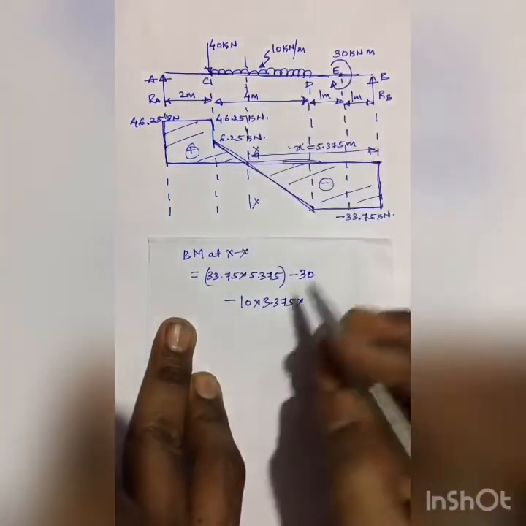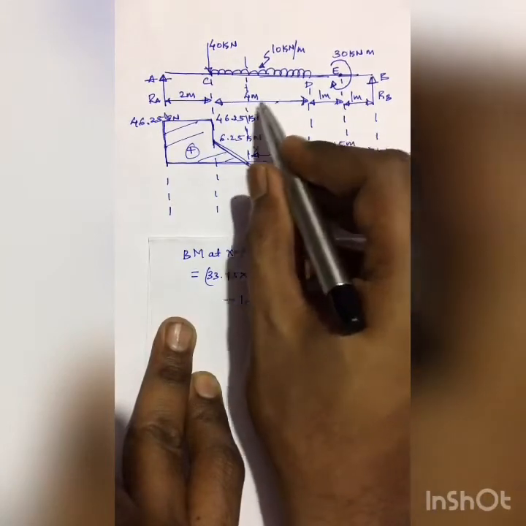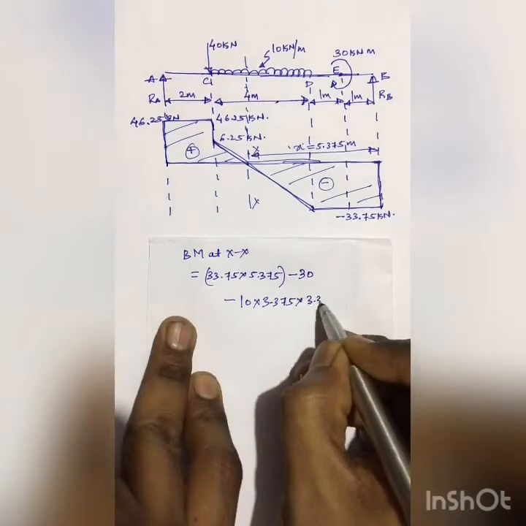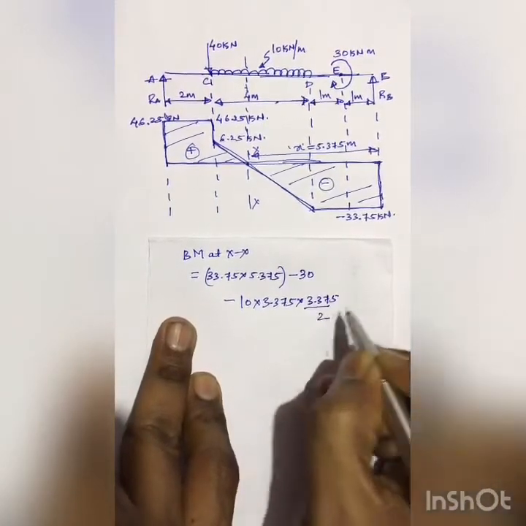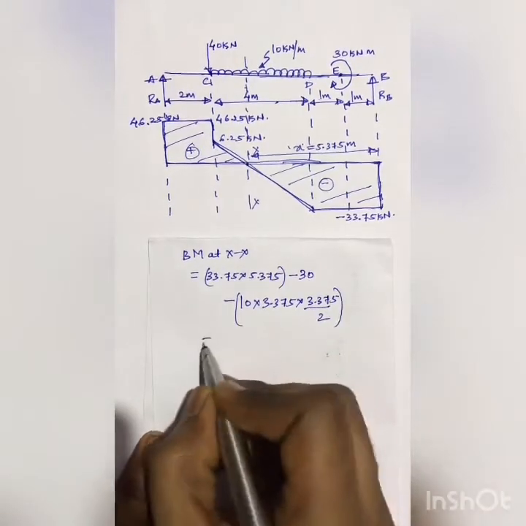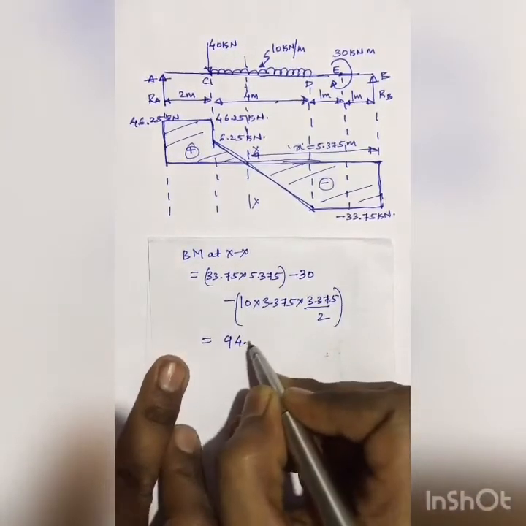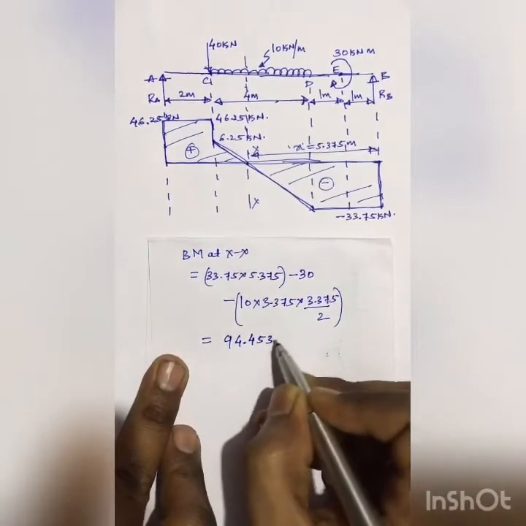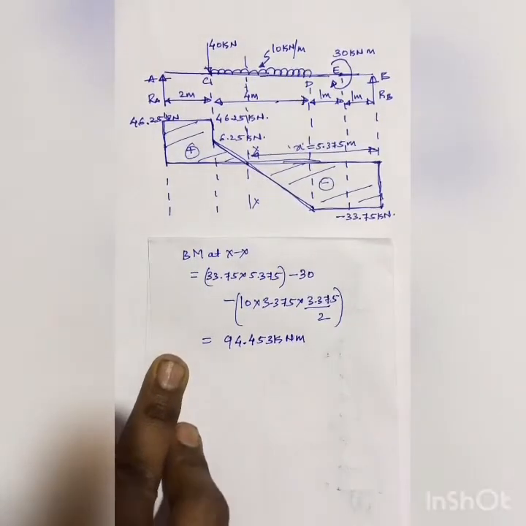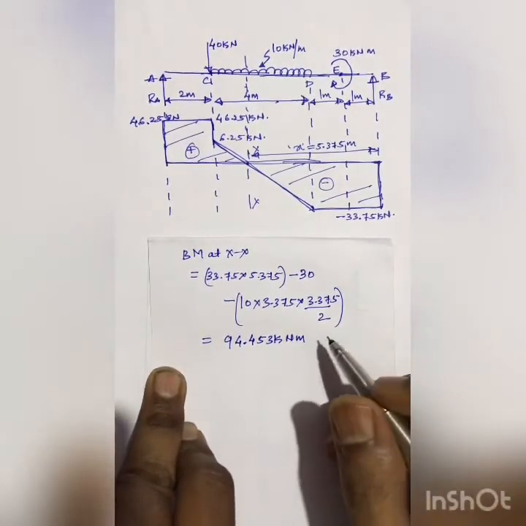So if this is 3.375, the midpoint will be 3.375 by 2. If we calculate this, we'll get the value as 94.453 kilonewton meter. So now we have found the bending moments at all the salient points.